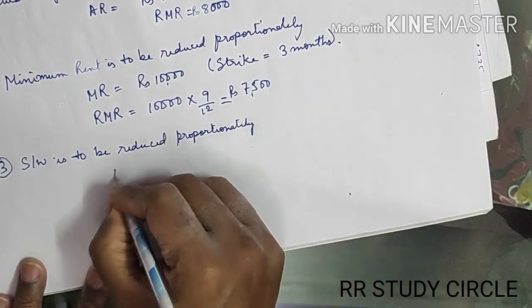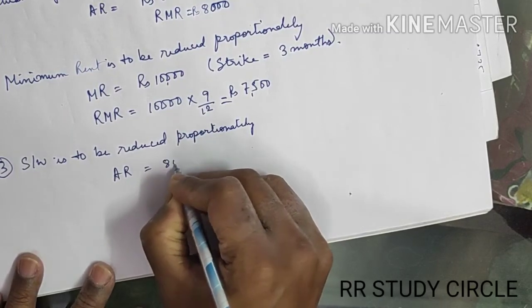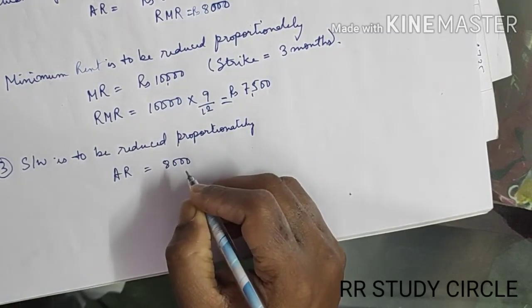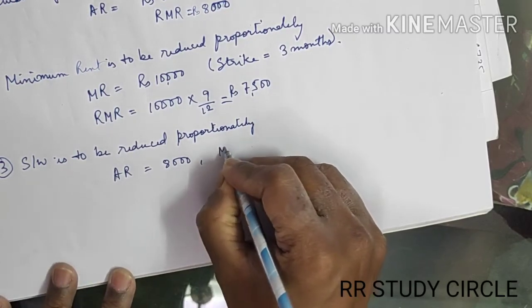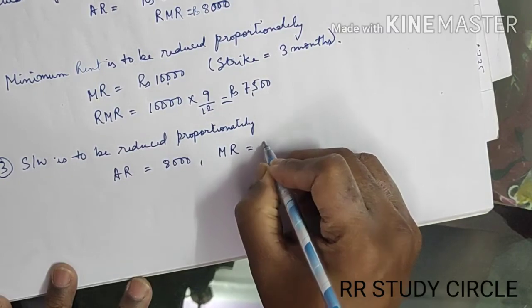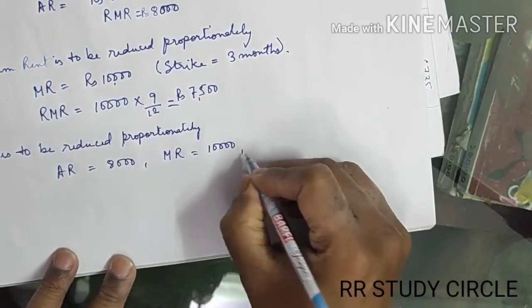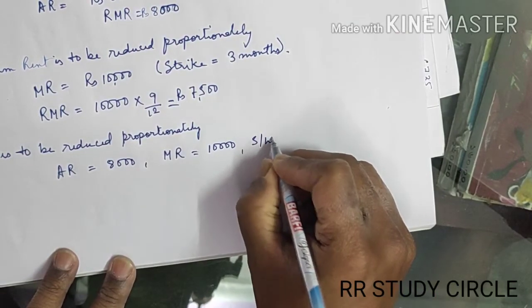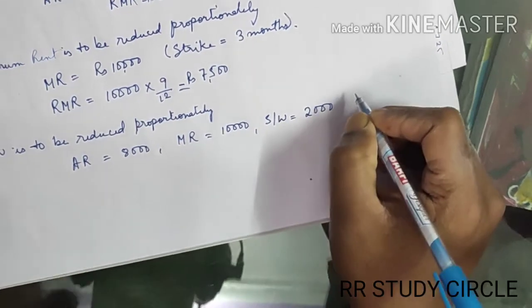The actual royalty is rupees 8,000 and the actual minimum rent is rupees 10,000. So the short working will be rupees 2,000.